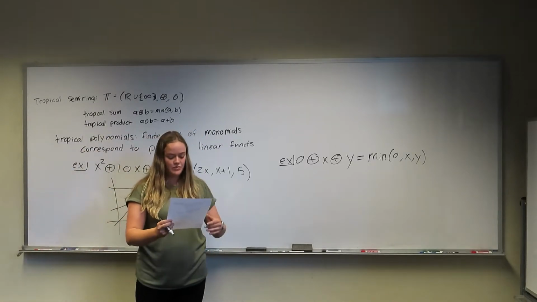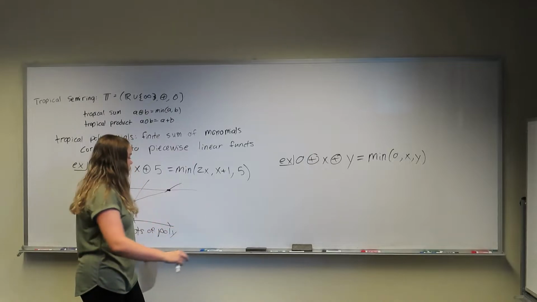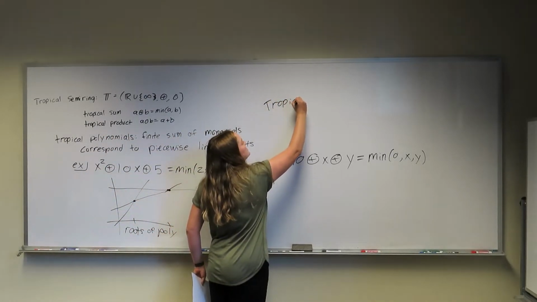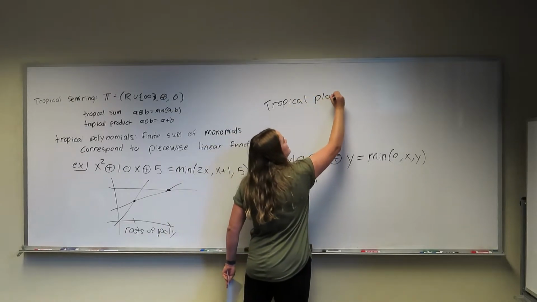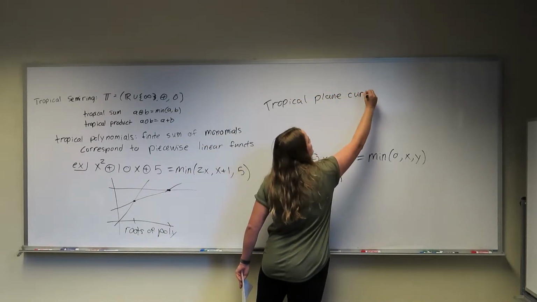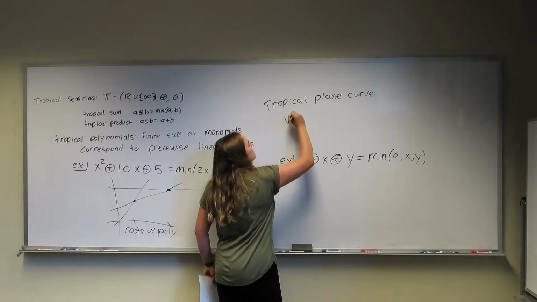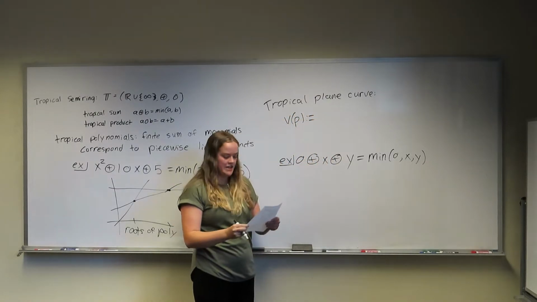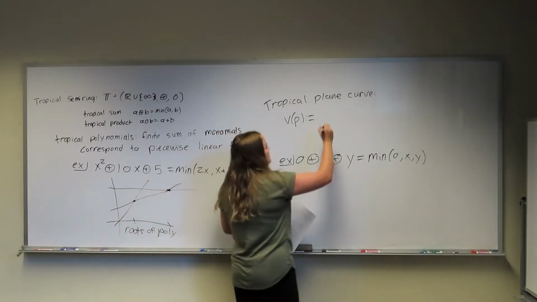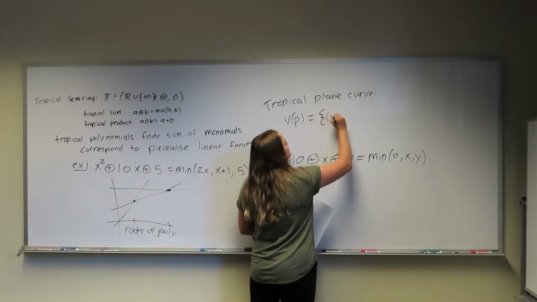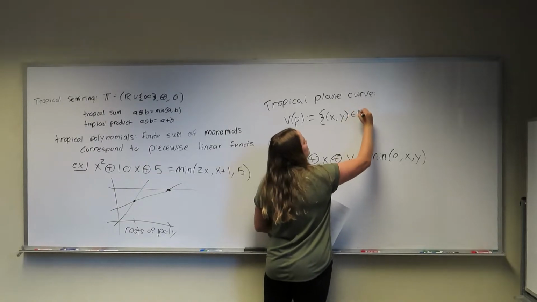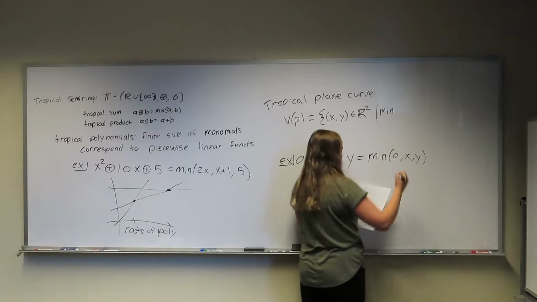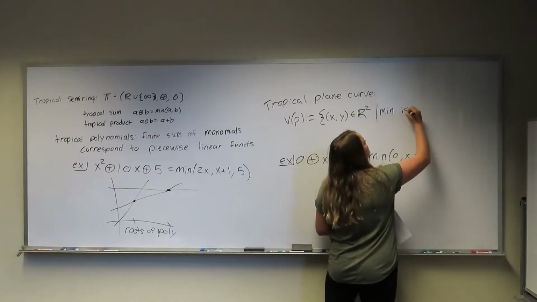We're going to look at what we call the tropical plane curve, which we denote via P, and that's defined as (x,y) in R2 such that the minimum is attained at least twice.